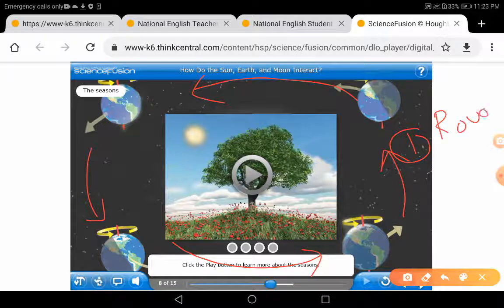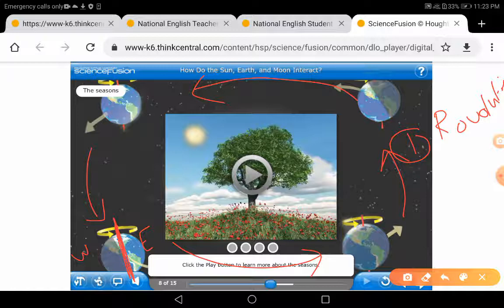Revolution. Yes, revolution. Right. Now, at the same time, Earth rotates on its axis. Let's see this one. This is the axis, an imaginary line, and the Earth rotates on its axis from west to east, as we previously mentioned.